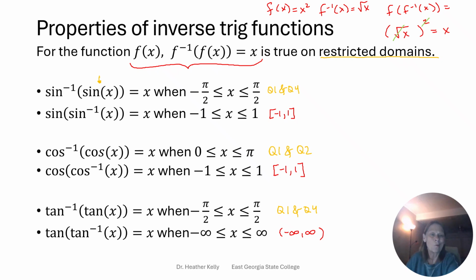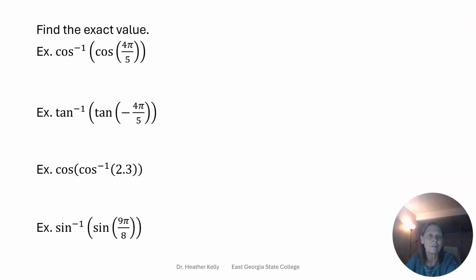Okay, now, this feels like you've just shown us the same thing we've been seeing. No, so let's check these guys out. Now, you have to be very, very mindful of what the domains are for everything here. So cosine, remember that cosine here has to be quadrant 1 or quadrant 2. Tangent is quadrant 1 or quadrant 4.